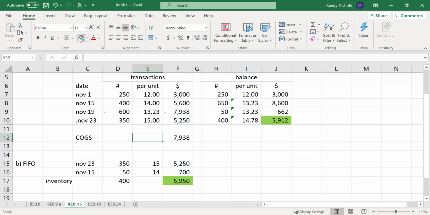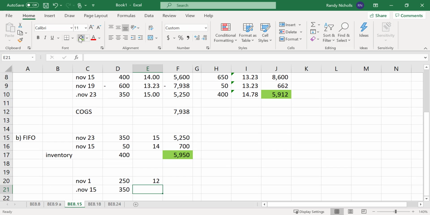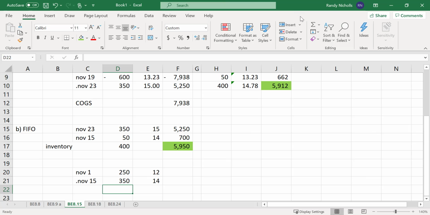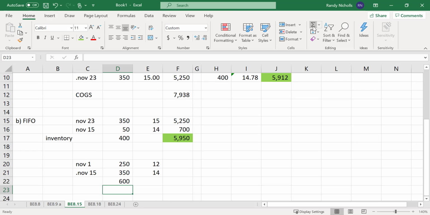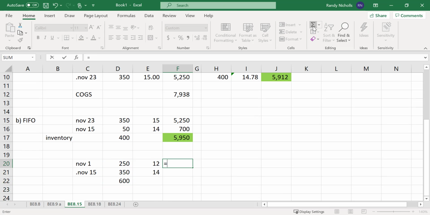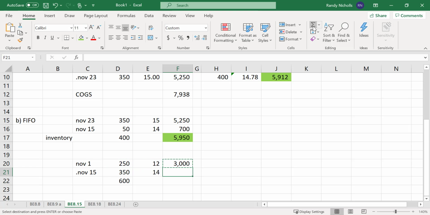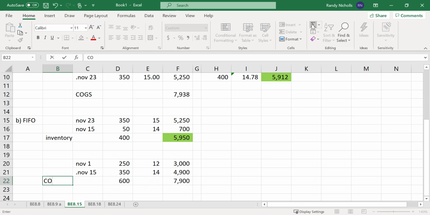I sold 600, it's 250 plus 350, yeah. So those ones I paid 14 bucks for. So this is my cost of goods sold.